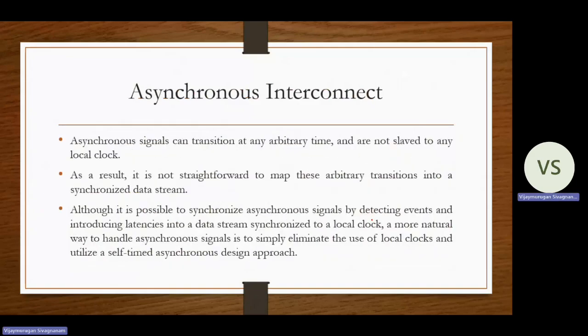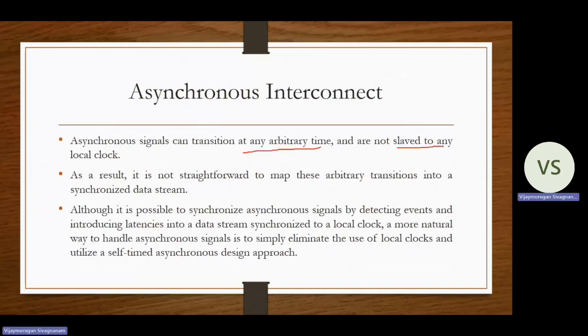Then come to asynchronous interconnect. Asynchronous signals can transition at any arbitrary time and are not slaved to any local clock. Synchronous interconnect means a common clock frequency is applied to every block, and asynchronous means an individual clock pulse is applied to the blocks. As a result, it is not straightforward. Synchronous is straightforward to sample the data, but asynchronous interconnect is not straightforward to map this arbitrary transition into a synchronous data stream.